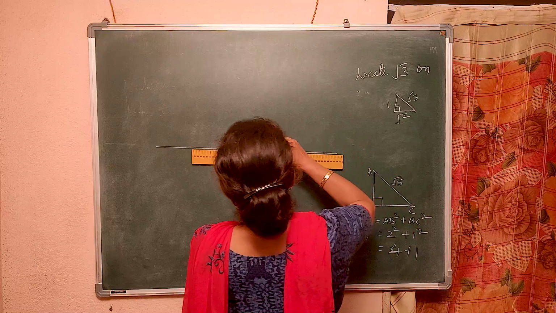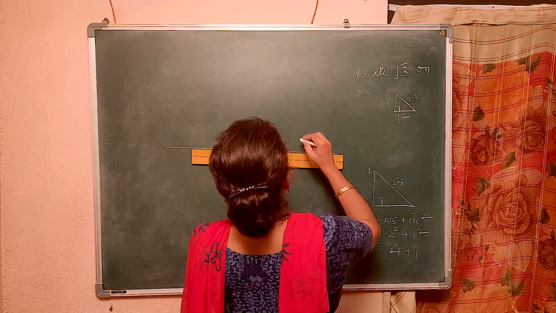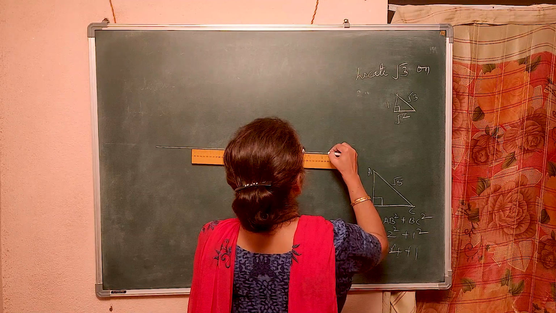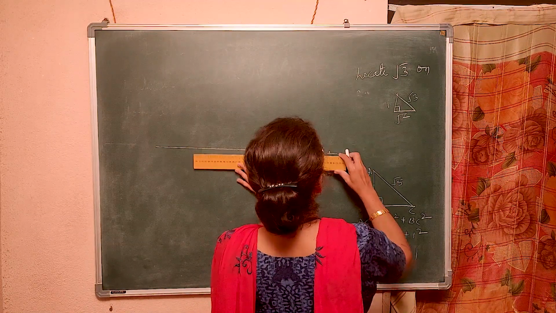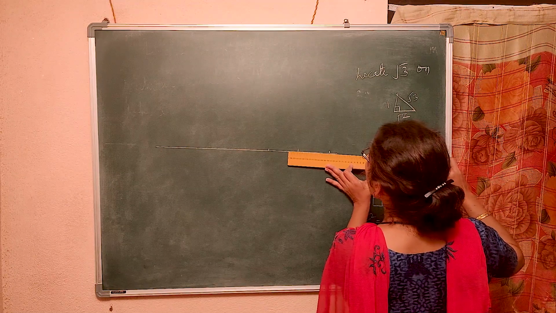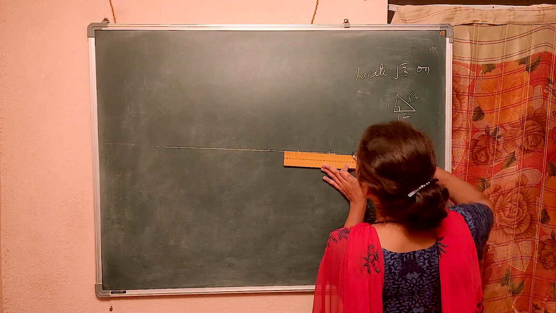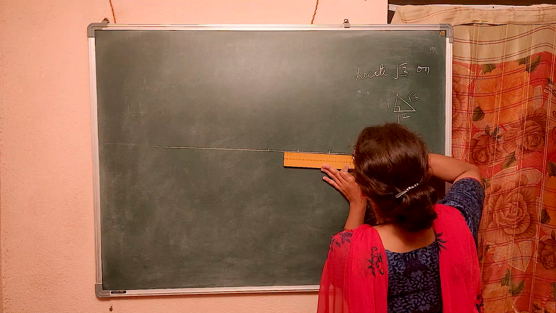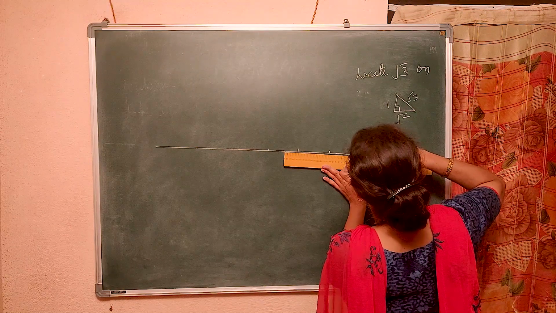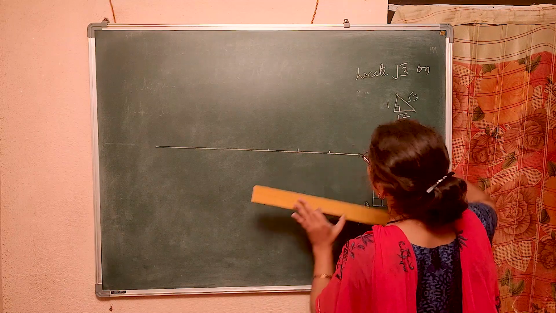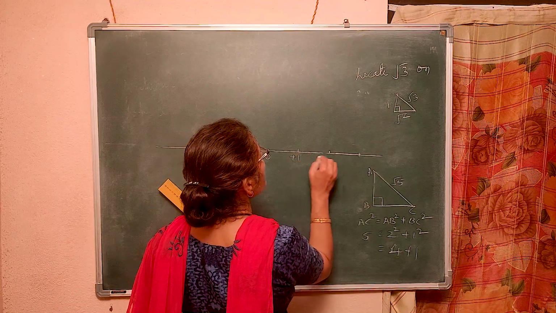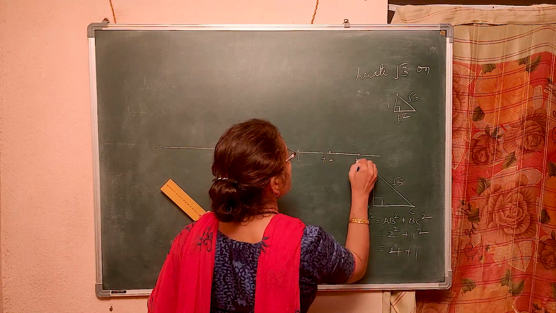In the middle, I mark 0, plus 1, plus 2, and plus 3. So, this is 0, plus 1, plus 2, plus 3.